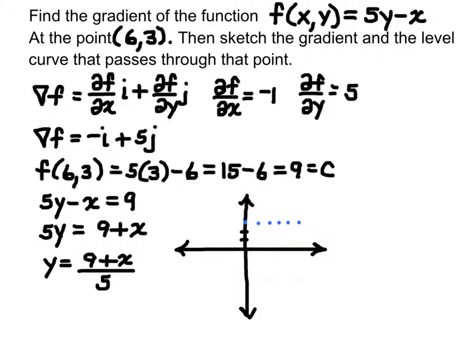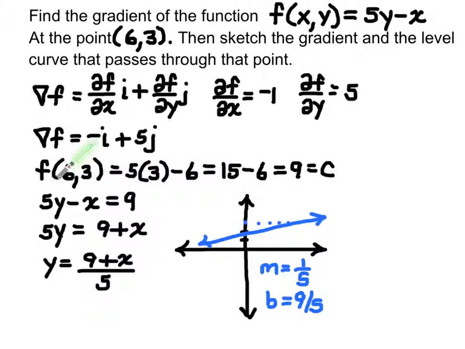So it's going to look something like this, this is freehand, where it has a slope of 1/5 and a y-intercept of 9/5.